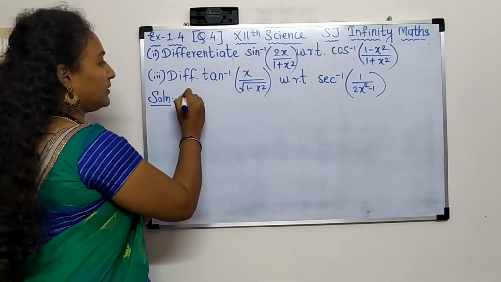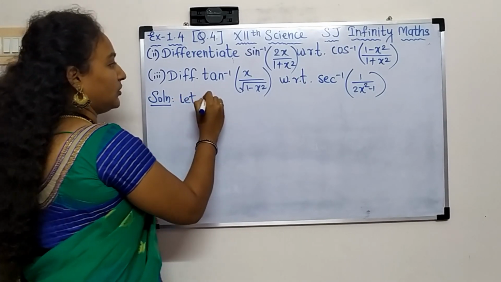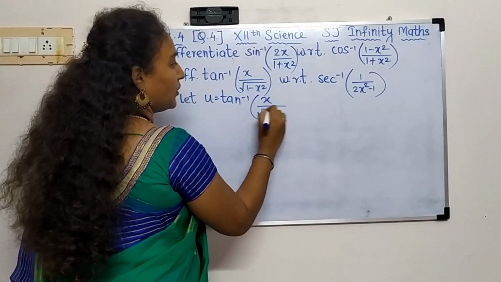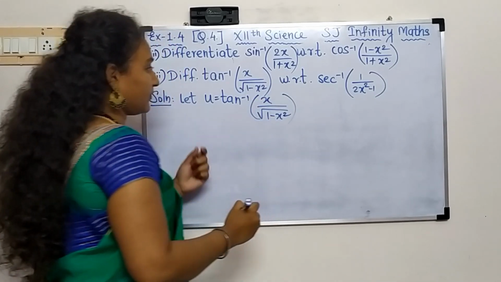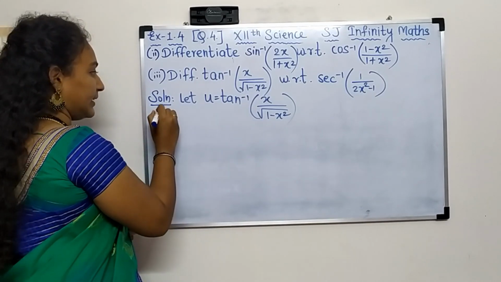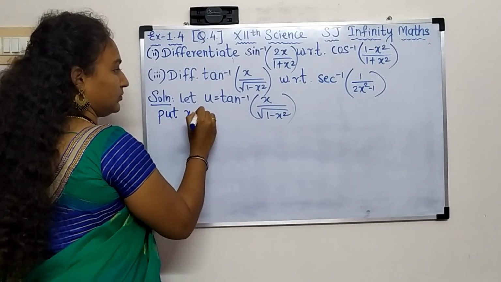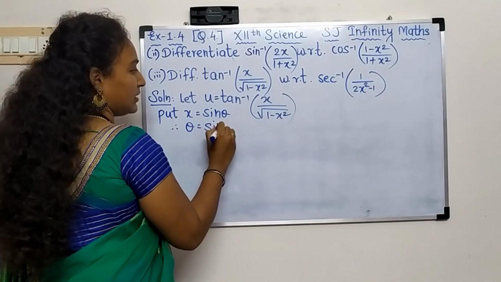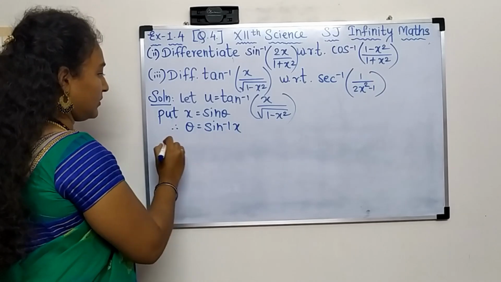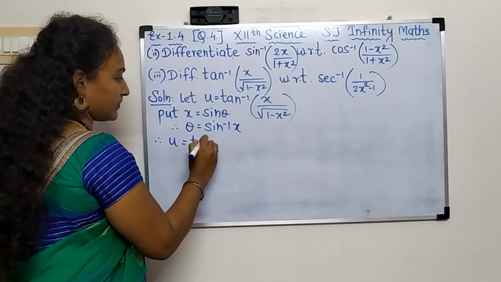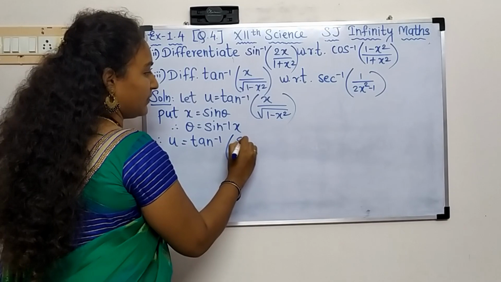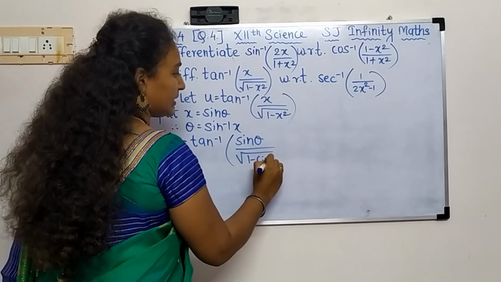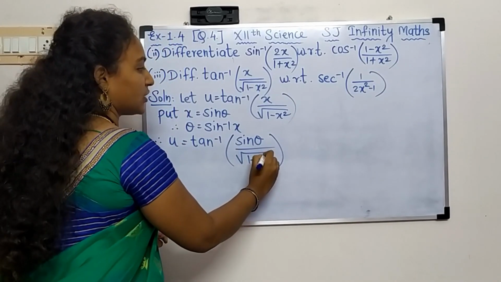So first we let u equal to tan inverse x upon root 1 minus x square. Put x equal to sin theta. Therefore, theta is sin inverse x. Therefore, our u becomes tan inverse sin theta upon root of 1 minus sin square theta.